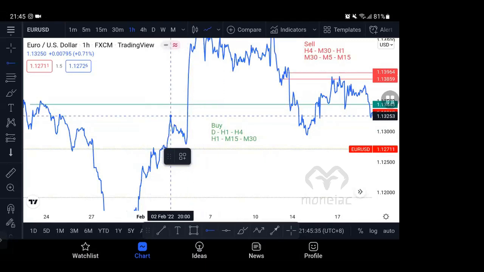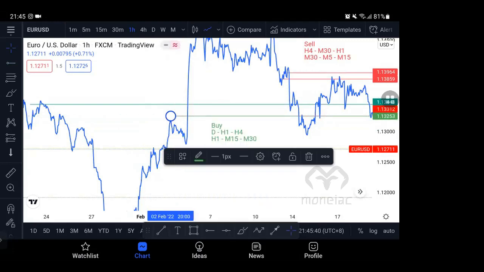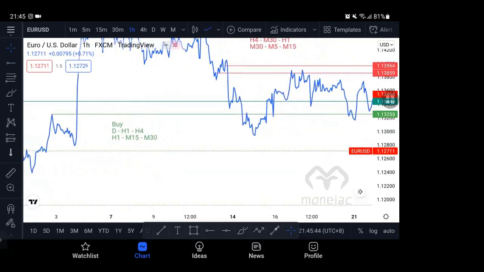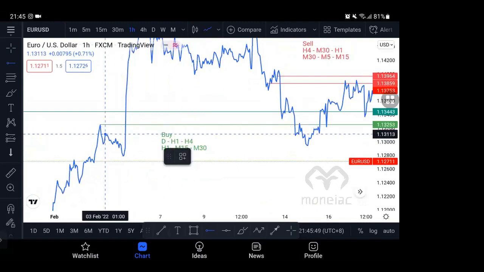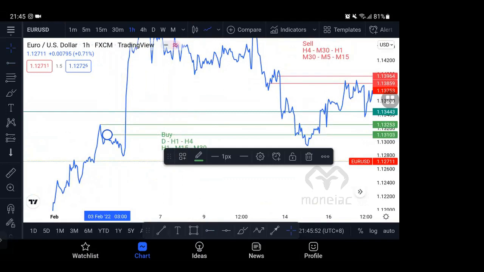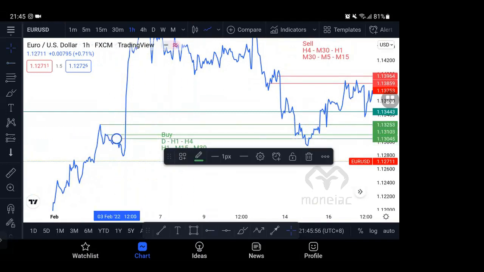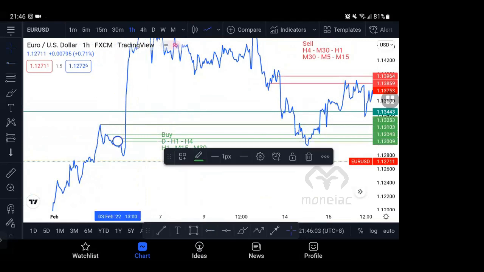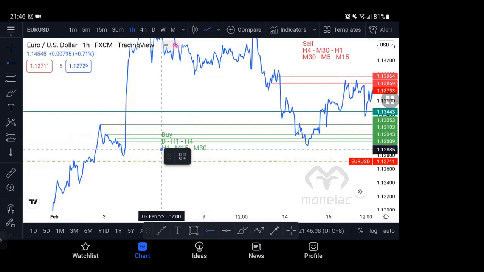See, we're going to take the most recent. I know this part maybe will create some confusion to you guys, right? But it's okay. I'm going to explain it deeper so you guys get to know what is actually happening. We're going to mark everything that is available because we don't know which one the price will be respecting.